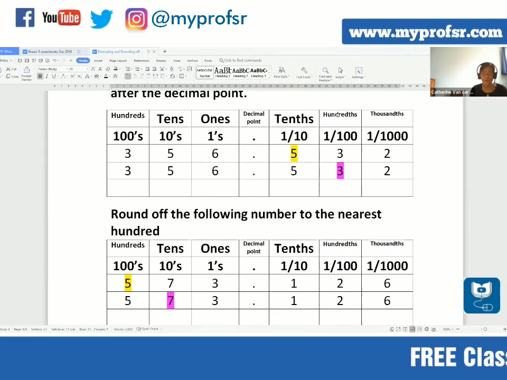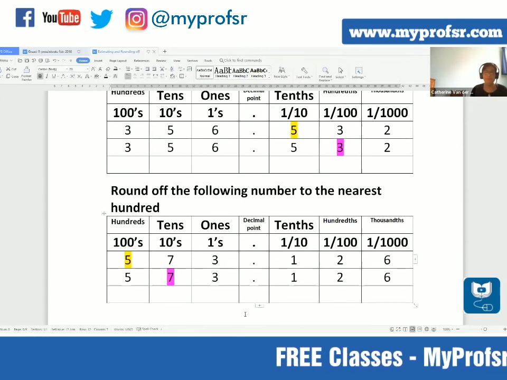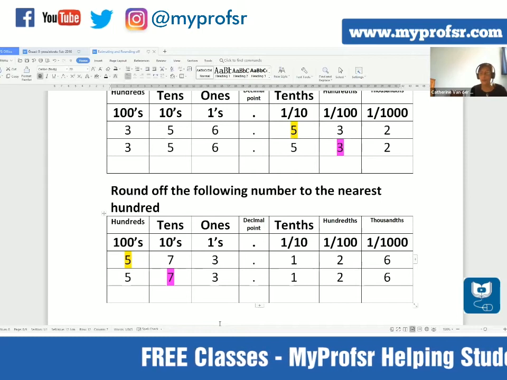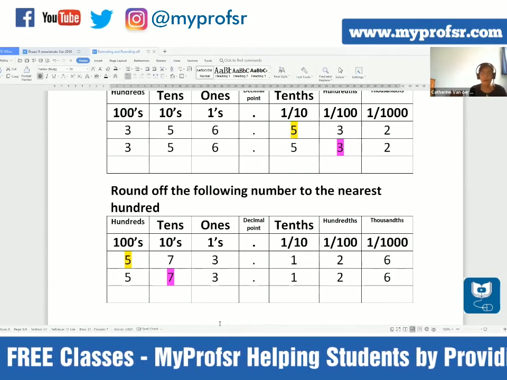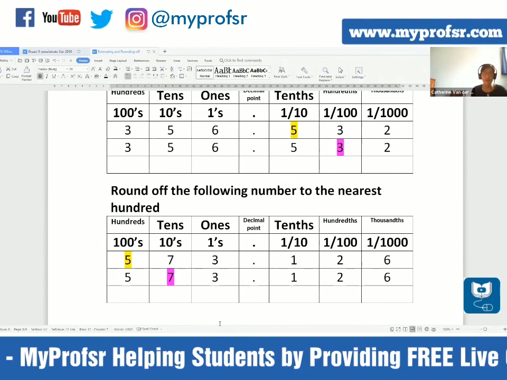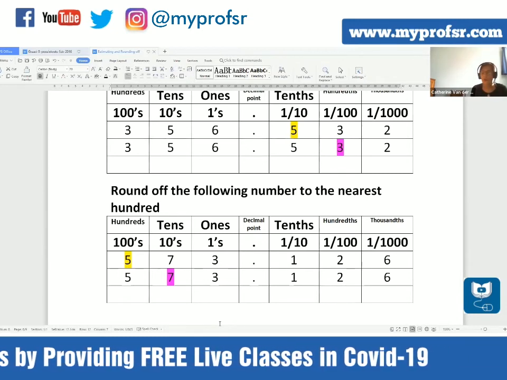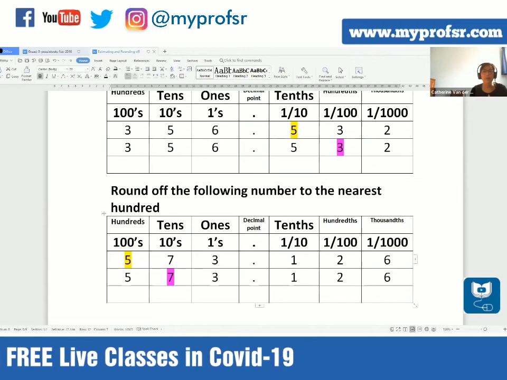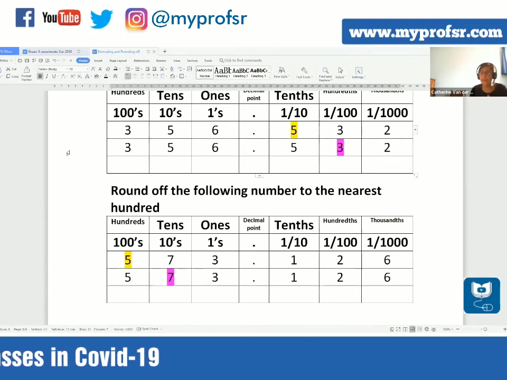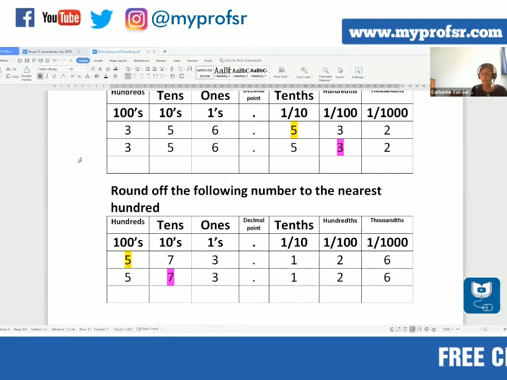Now, our next one. Now we're going to work with the hundreds. We're going to work with the whole numbers. I see that some of you are asking for something harder.